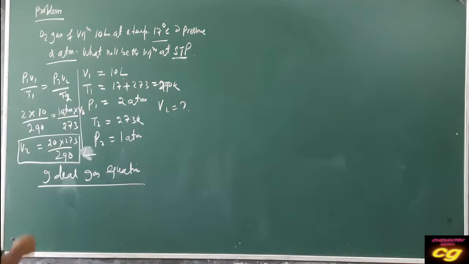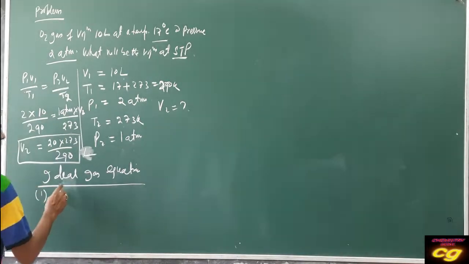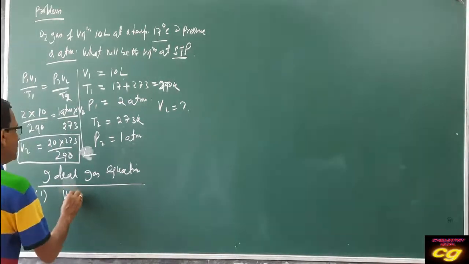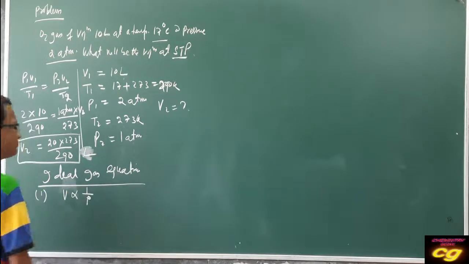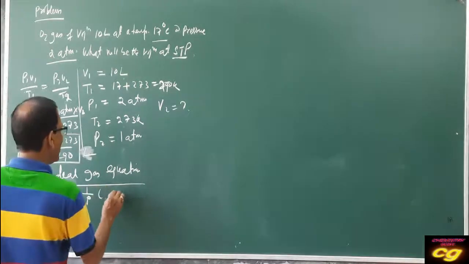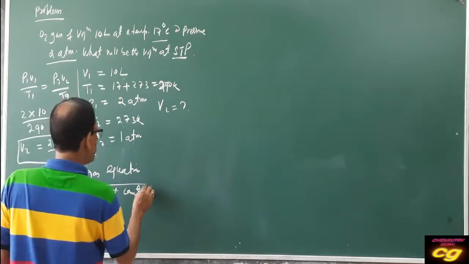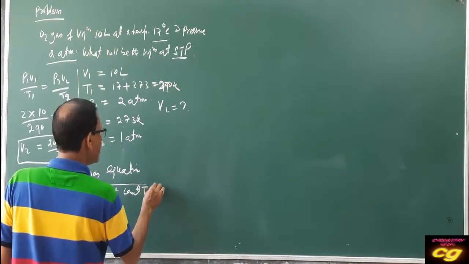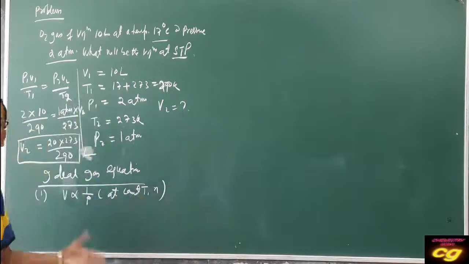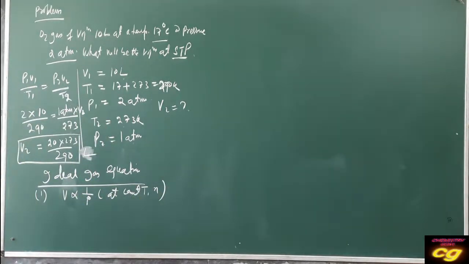So as per Boyle's law, V is inversely proportional to P, at constant T and n. Here n means the amount of gas, or number of moles, also constant.